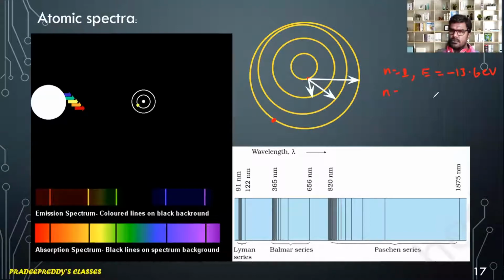Likewise, n equal to 2, the second orbital, has E equal to minus 13.6 divided by 4 electron volt. Going from innermost orbital to outermost orbital, energy increases. Therefore, when the electron undergoes a transition from n equal to 1 to n equal to 2, it emits some radiation, and this radiation is h nu, this one is 2h nu, and this one is 3h nu.